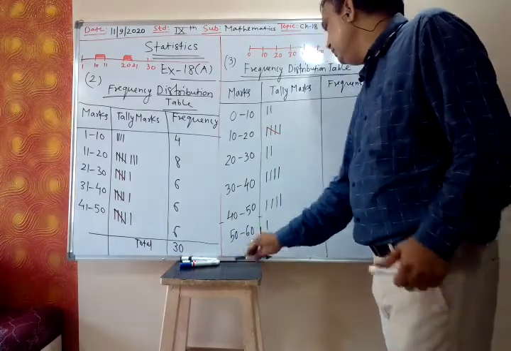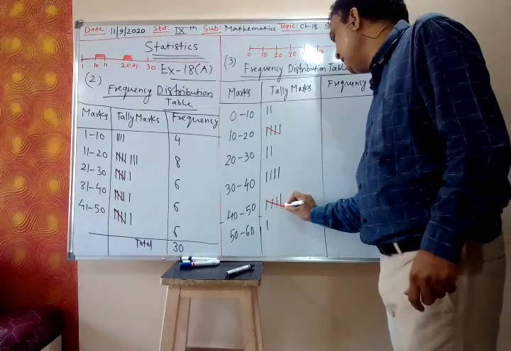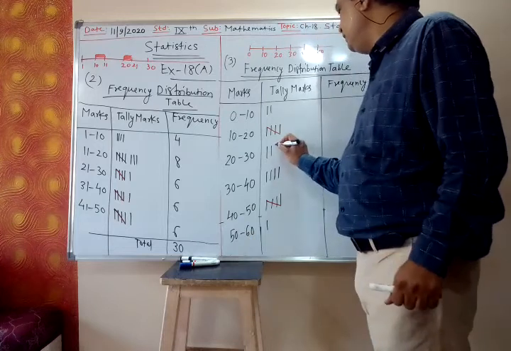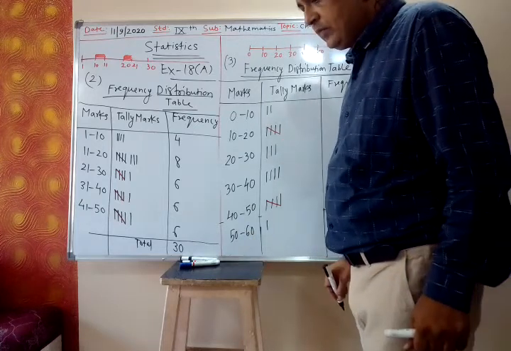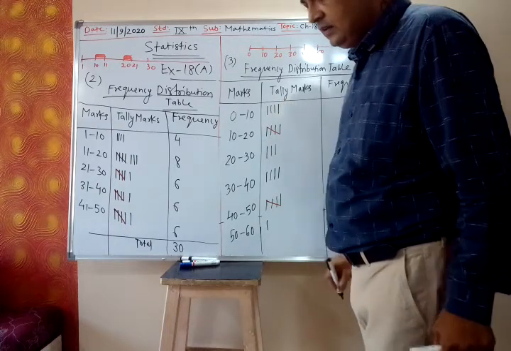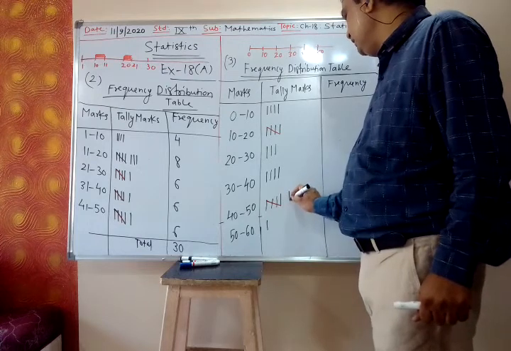Then 42, between 40 to 50, fifth stroke. Then 23, between 20 to 30. Then 2, then 3, then 44 between 40 to 50.